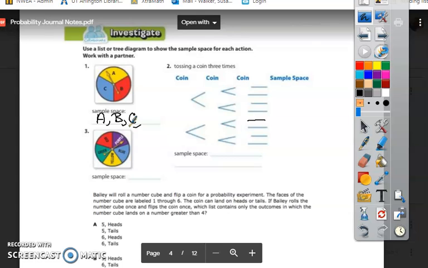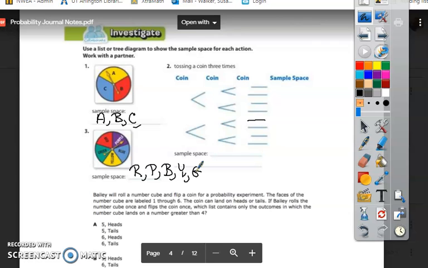Now over here, I'm going to do this a little different. It says sample space. It doesn't really talk much about how much we do, so I'm going to say we spin it one time, I can get red, purple, blue, yellow, or green. That is my sample space, okay?